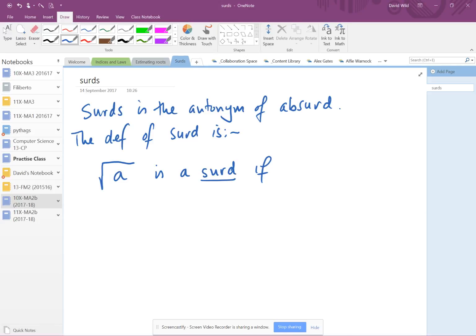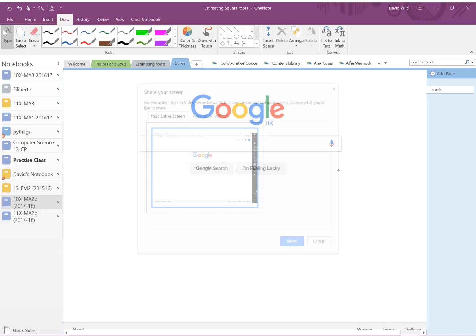Very good. If a cannot be factorized into something containing a perfect square.